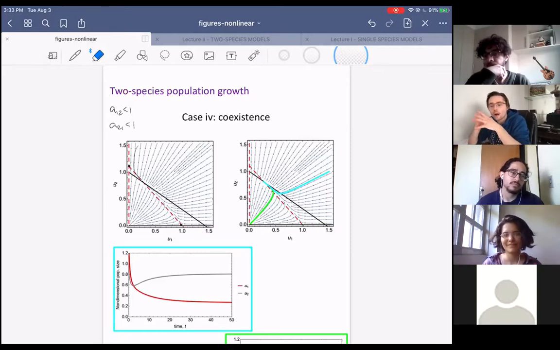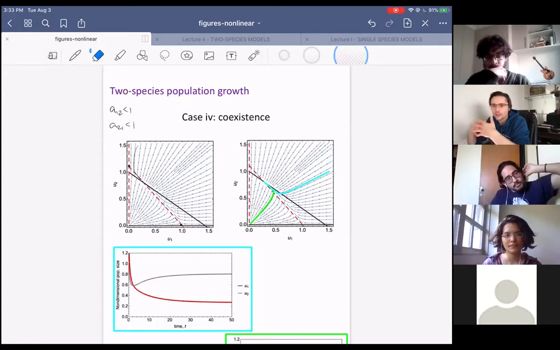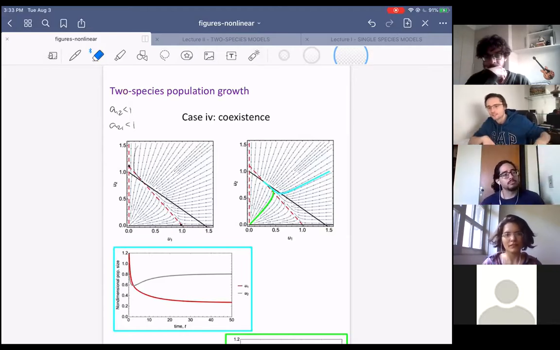This is one of the ways to get coexistence of a species. There are tons of them, and probably if you're more familiar with biology, you can think of them. There are ways, for instance, when I have a space, you can tell, okay, but here you're assuming that cells can find each other everywhere. What happens if a tree, as we said yesterday, a tree is in Rio and the other tree is in Sao Paulo?